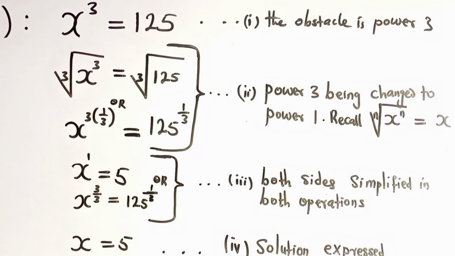We want to get an exact value of 125 raised to the power 1 over 3. What then should you do? Please use the calculator and set it in the mode of fraction. That way you can punch your buttons to get 125 raised to the power 1 over 3. If you punch the right buttons correctly, then you're going to get that the answer is equal to 5. Therefore, either way, the answer is that x is equal to 5.